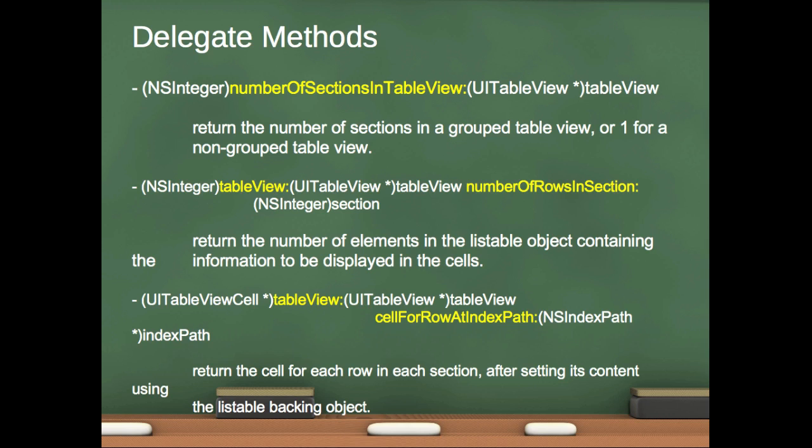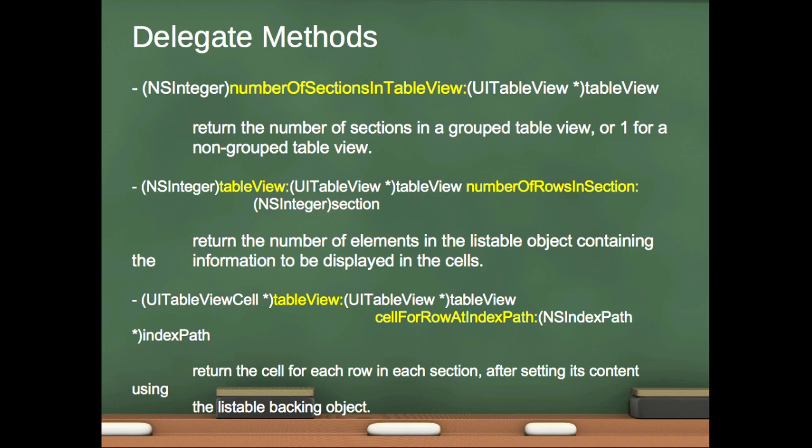And then the next one that goes along with that is tableView:numberOfRowsInSection:, and this one we have to return an integer that is the actual number of rows in each section.